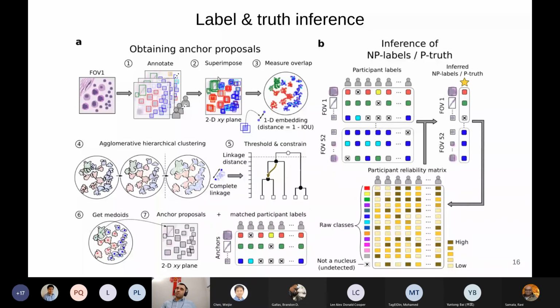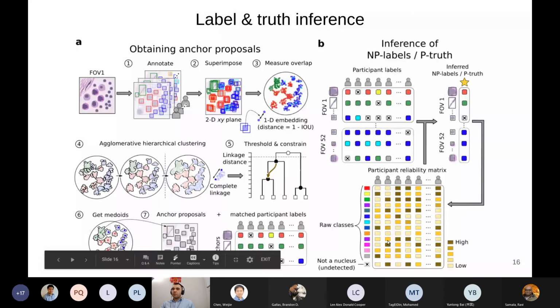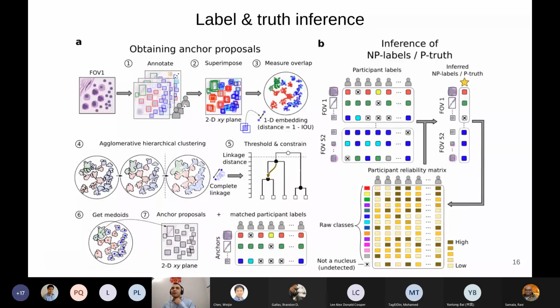These bounding boxes, we convert into an embedding space where the distances between the points are the amount of overlap between the boxes. And then we do clustering, so boxes that are highly overlapping with each other map to the same cluster, indicating that this is one nucleus. The end result would look like the bottom right of panel A, where you have unified locations.